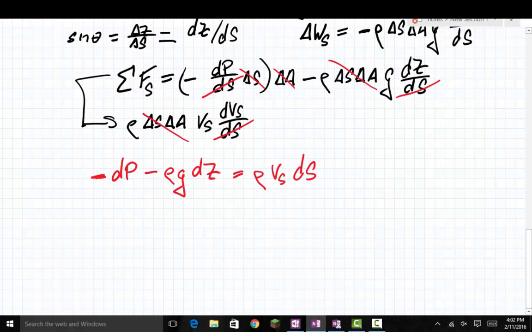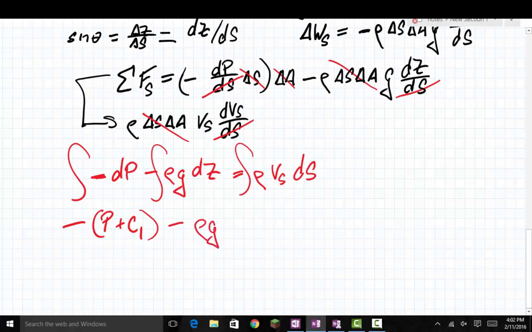So now we can integrate each one of these terms, and this is going to give me p plus a constant, I'll call it c1, I'll keep the negative sign in front of it, minus rho g z plus a constant, call it c2, and this is going to be equal to rho times one half V squared, I'm going to drop the subscript now, plus a constant c3.